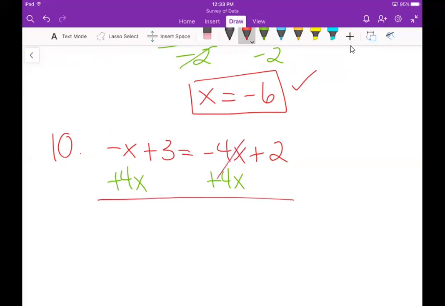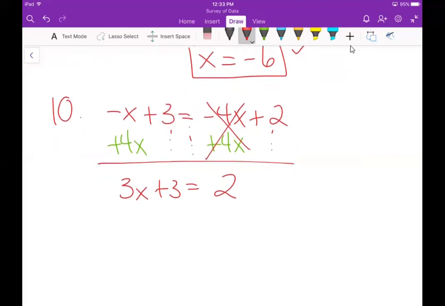So here, that cancels the x on this side, and negative x plus 4x will leave me with 3x. Bring down what's left. There's the plus 3, there's the equal sign, and then we have a 2 left on the right-hand side. As soon as we combine those x's together on one side, right now we have an equation that's very similar to ones we've already seen.